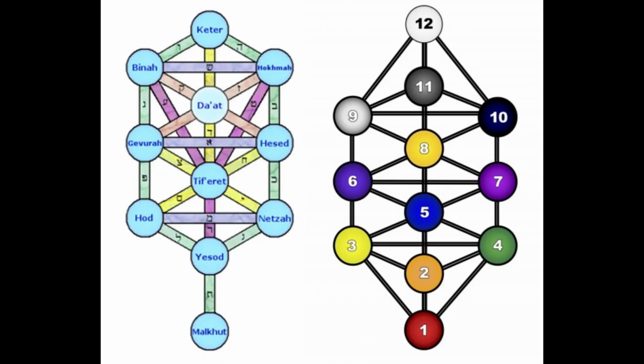Base 12 mathematics supported this model by allowing seamless division and resonance, reinforcing harmony rather than fragmentation and energy loss. Consciousness was understood as something that could perpetually renew itself through alignment with these cosmic laws, keeping humanity connected to Source rather than trapped in degradation.